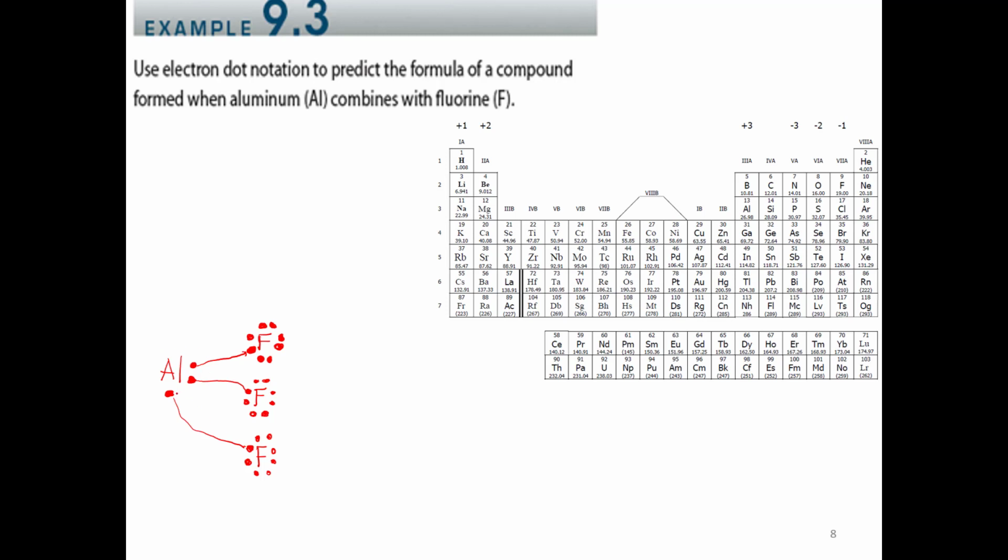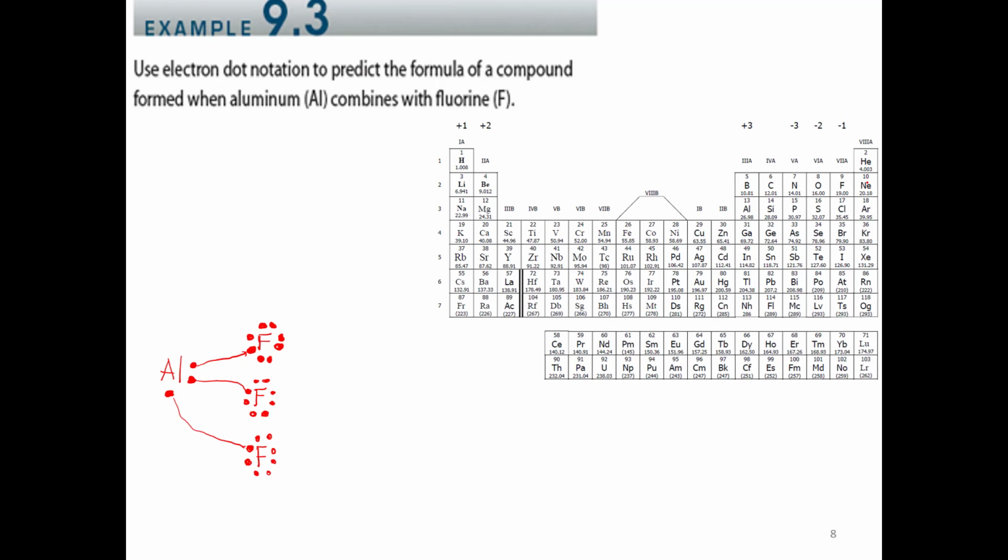Now aluminum loses 3 electrons and each of these fluorines gains 1 electron. Now aluminum is stable because aluminum lost 3 electrons and now has the neon electron configuration. And the fluorine gained 1 electron and has the neon configuration.